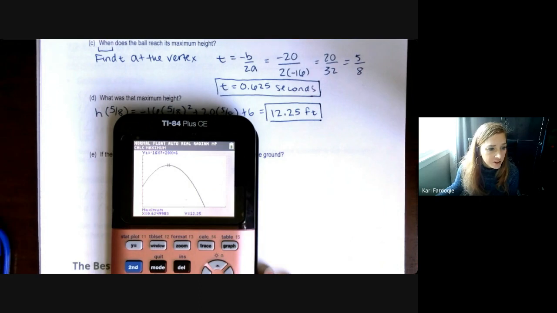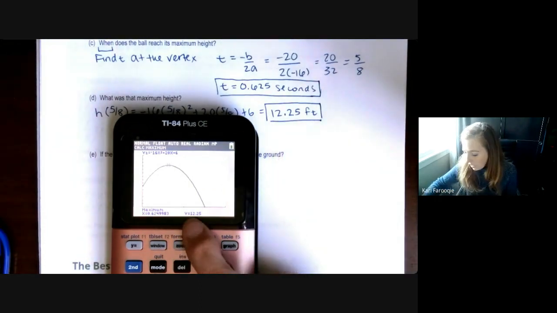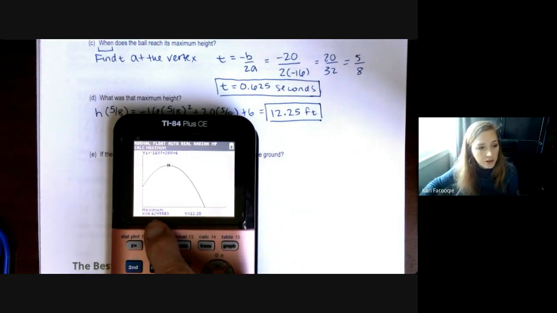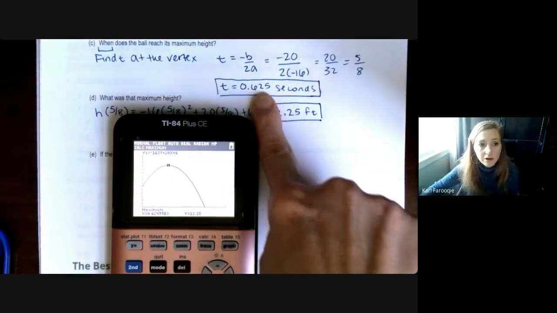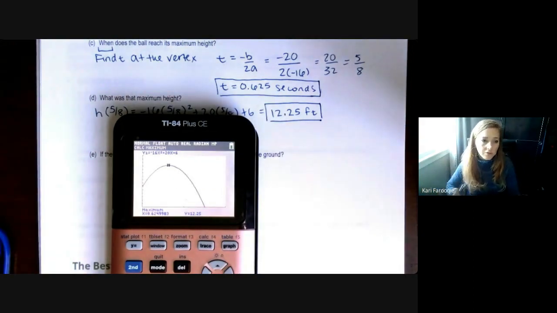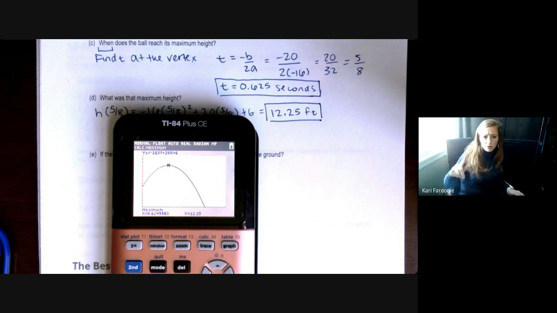And it's guessing that your maximum is at a value of 12.25 at approximately x equals 0.62499, which is your calculator's way of getting super close to the actual value. It's only going to be able to get so close, but it should match up with what you found. Your exact value will be better than your calculator's trying to extrapolate and approximate.